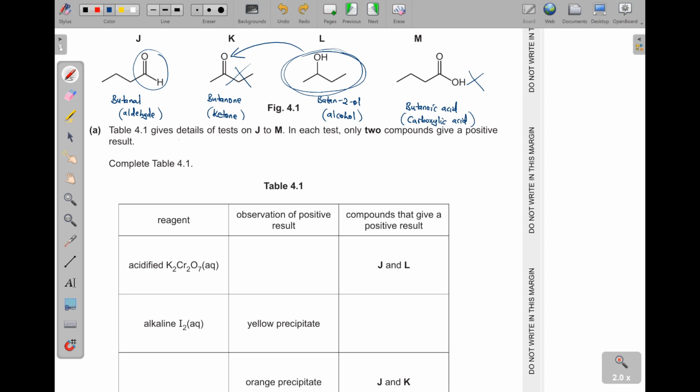You see that? So the positive test here is going to be orange solution, because acidified potassium dichromate is an orange solution. So orange solution turns green. It turns green because here oxidation occurs. We see chromium 6 going to chromium 3.